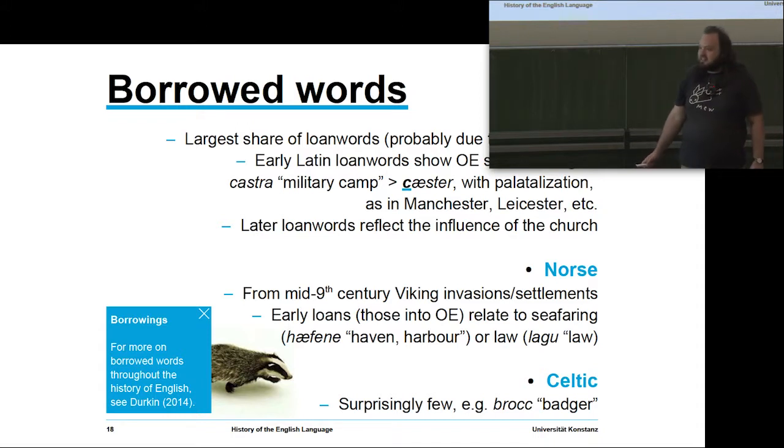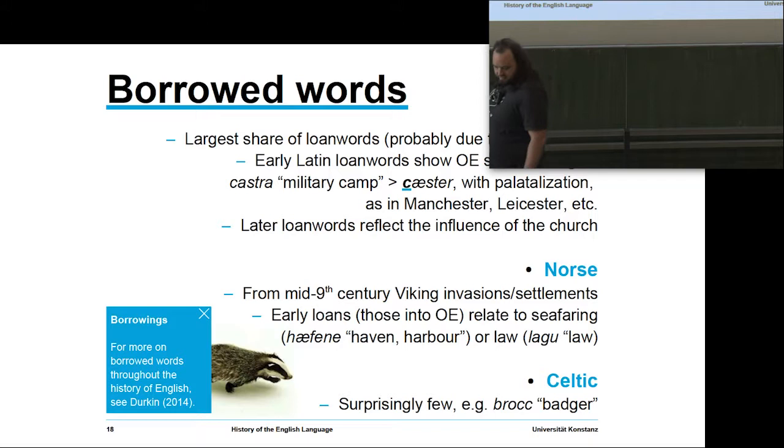So Latin and Germanic have been in contact since long, long before the Germanic tribes ever came to the British Isles. So the really early loanwords from Latin are borrowed so early that they actually show some of the same changes that we see in early Old English that distinguish Old English from the other Germanic languages.